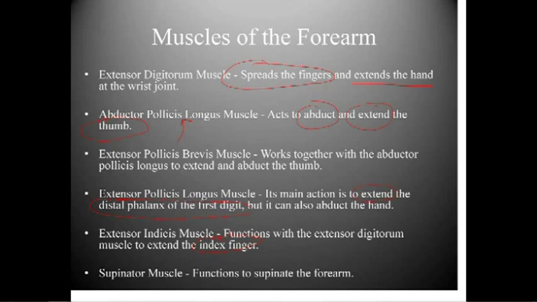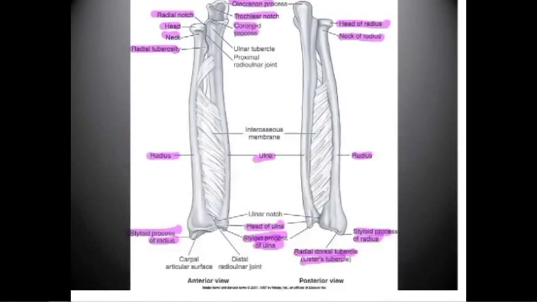So it's working for the index finger. The supinator muscle functions to supinate the forearm. As the name implies, supinator means that it is functioning for supination. So let's begin looking at some images.